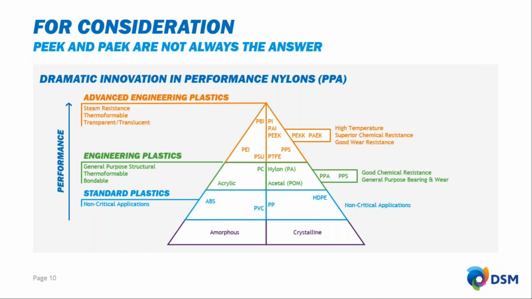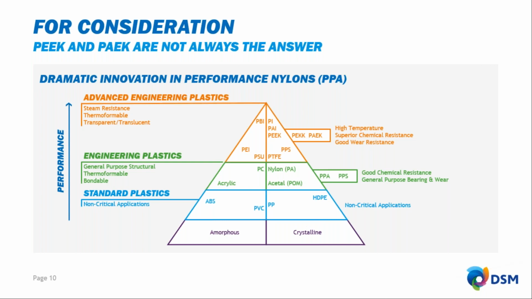As you go up in the pyramid, when you get into the PEEK and PEKK type materials, temperature resistance and chemical resistance are excellent. Good wear performance as well, and you'll also see PPS when you get up into the higher performance.